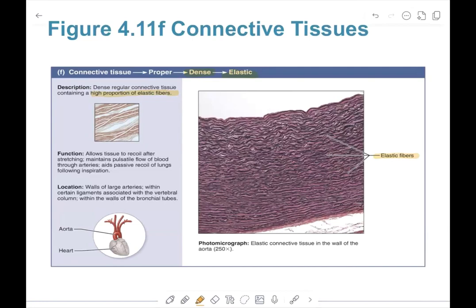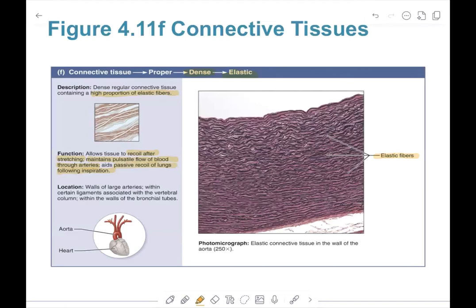And this is going to be in areas where there's going to be a lot of quick expansion and recoil of tissue. So it allows the tissue to recoil after stretching. So it's perfect for maintaining pulsatile flow of blood through arteries. And it also is in the lungs as it aids passive recoil of lungs following inspiration, breathing in.